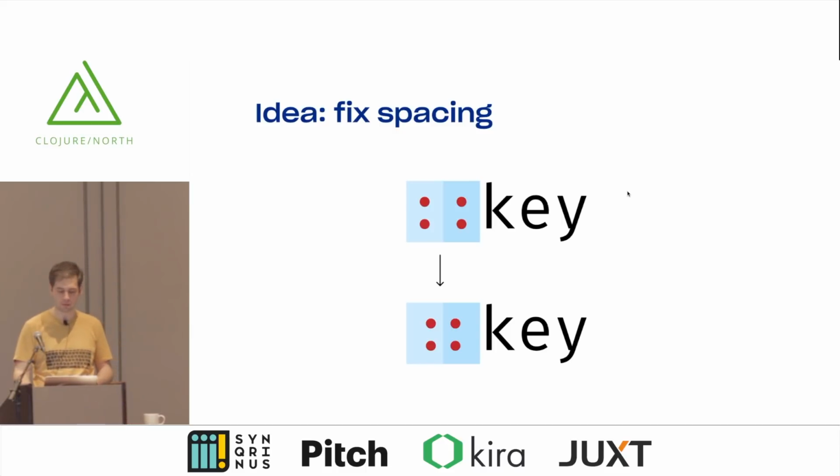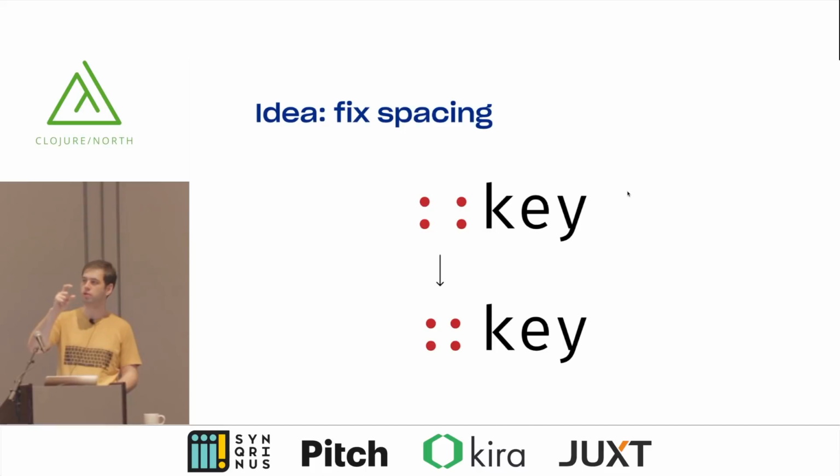In this case, for example, in Clojure, you often see a double colon, right? And if you look here at the top one, well, it doesn't look nice. It looks like the left one falls apart, right? It doesn't look like they belong to the same key. So we adjust the spacing a little bit, so both columns now look like a single thing.